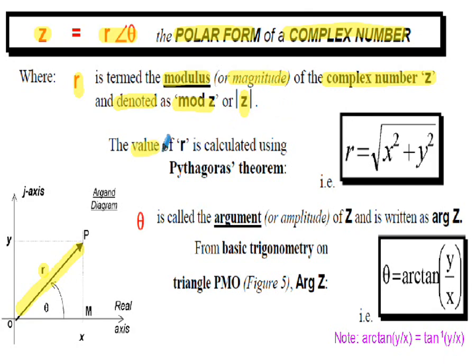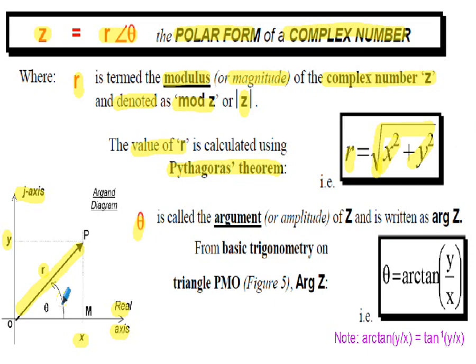To calculate the value of r, we use Pythagoras' theorem. So if we know x, the value on the real axis, and y, the value on the imaginary j-axis, we can work out the value of r simply using Pythagoras' theorem, which says the square root of x squared plus y squared is equal to r.